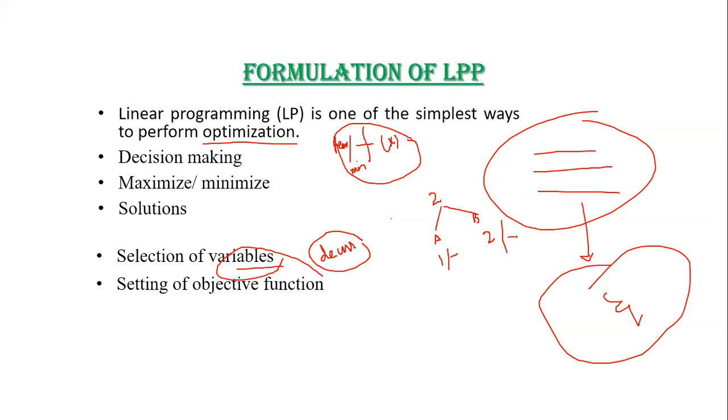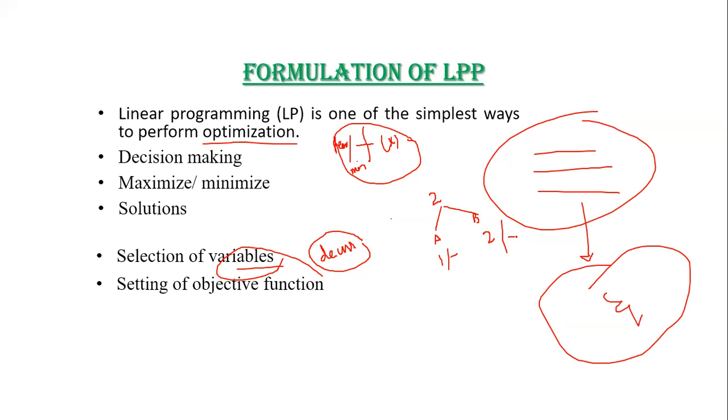If you make 10 units of A, you will get 10 rupees. If you make 20 units, you will get 20 rupees. Similarly for B. Now, your entire profit depends on the number of units of A as well as B.